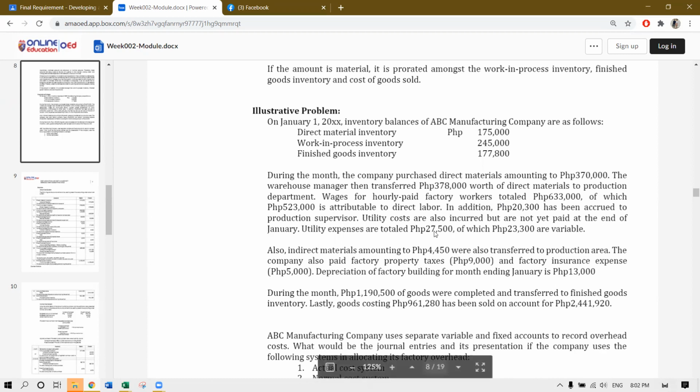Okay. During the month, 1,190,500 of goods were completed and transferred to finished goods inventory. Lastly, goods costing 961,280 has been sold on account for 2,441,920. The problem is long, class, there are so many costs.